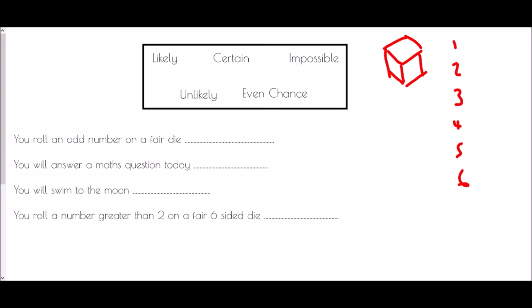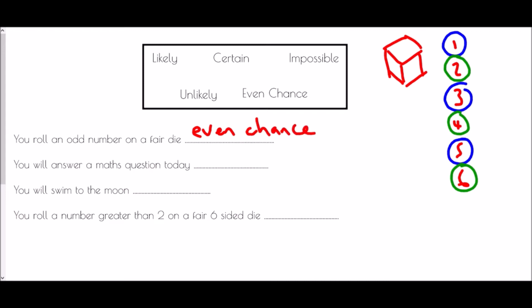So the question is, which of those are odd? Well, 1, 3 and 5 are all odd. Which ones are even? 2, 4 and 6. And you can see we have the same chance of getting an odd number as we do an even, because there are 3 of each. And so because they are equally likely, we have even chance.